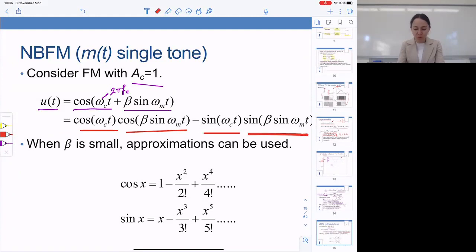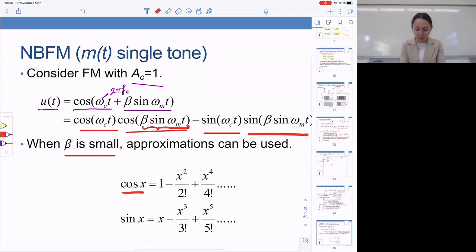So what do we do? If beta is small, and that is what we mean by the narrowband FM limits, inside the cosine we have an argument which is close to 0.